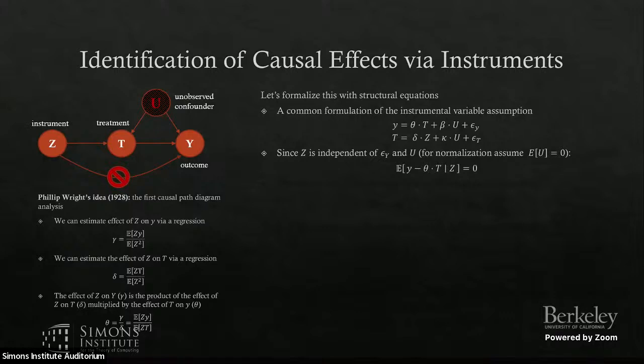Which means that if I subtract from y the treatment effect that I care about, what is going to remain is going to be independent of the instrument and is also going to have overall mean 0. So no matter what value of the instrument I condition on, this conditional expectation is going to be equal to 0.